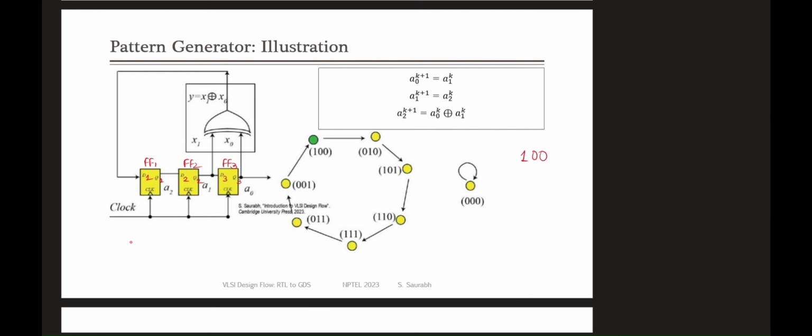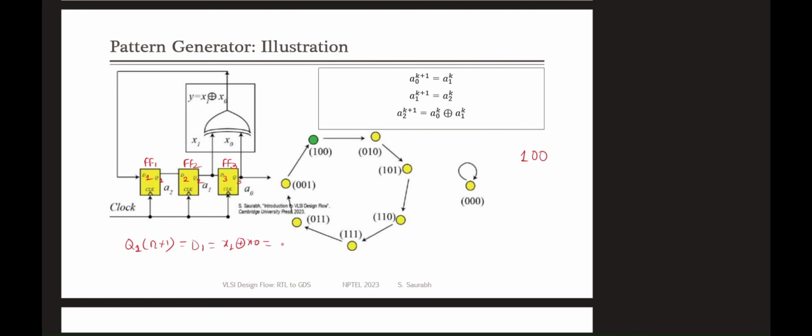Now the next state of Q1, I am calling it the next state. It will be D1. And what is D1? D1 is actually X1 XOR X0. And what are X1 and X0?